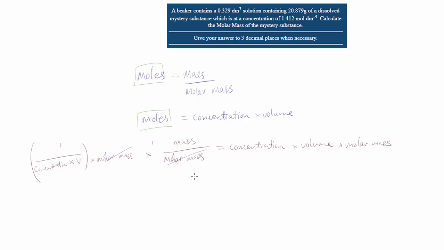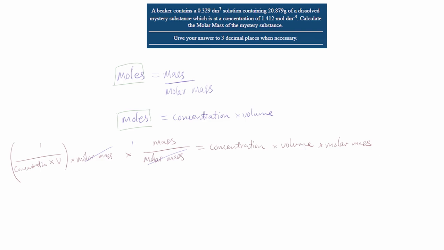And on this side, when you divide by concentration and volume, multiplied by 1 over concentration times V, and on this side, of course, the same thing basically happens. This cancels to 1, and this cancels to 1.